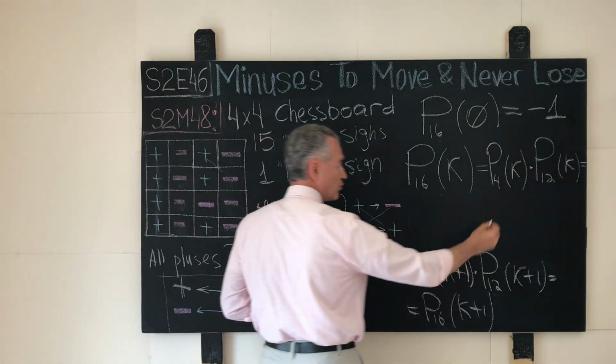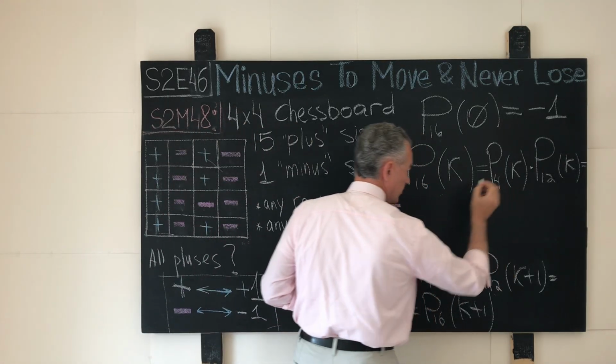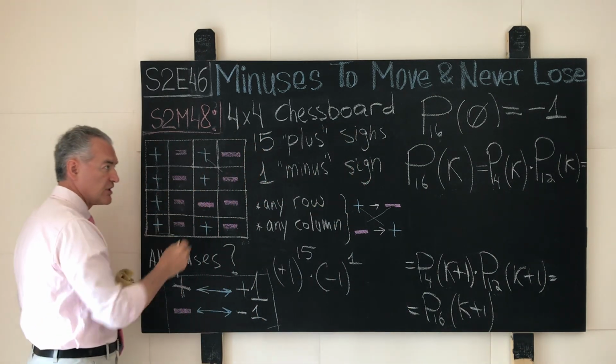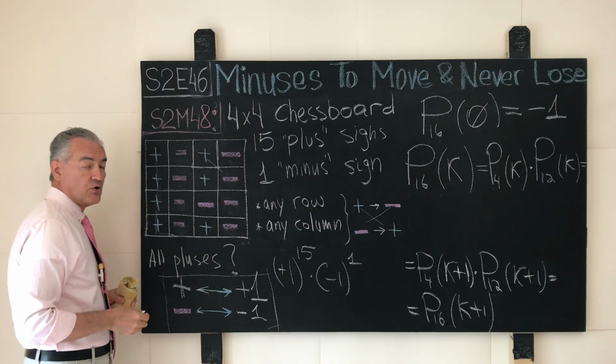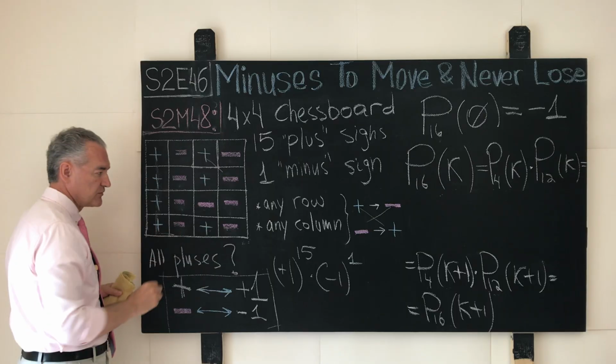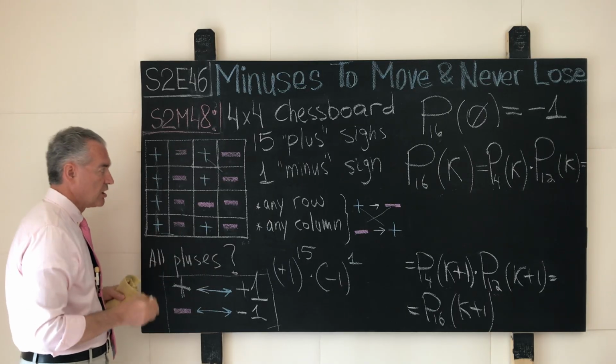It can be partitioned into a product of 2 pieces. One piece is the product of all 4 numbers in the chosen formation, times the product of all the plus 1s and -1s in the remaining 12 squares, whatever they are.